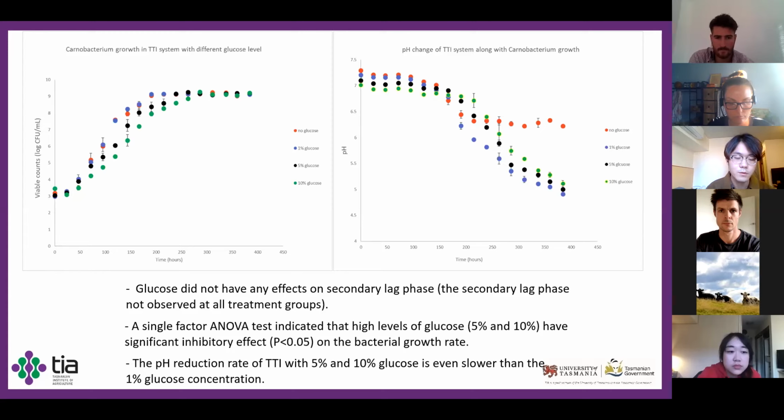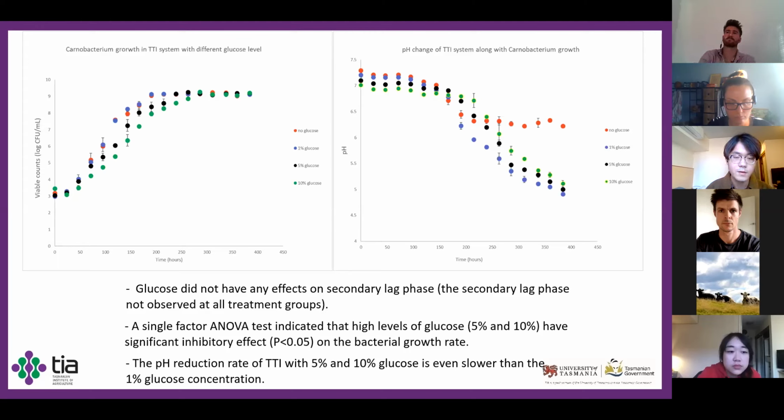From these two graphs, we can find that the glucose didn't have any effect on the secondary lag phase, because in all of the treatment groups, the secondary lag phase was not observed.